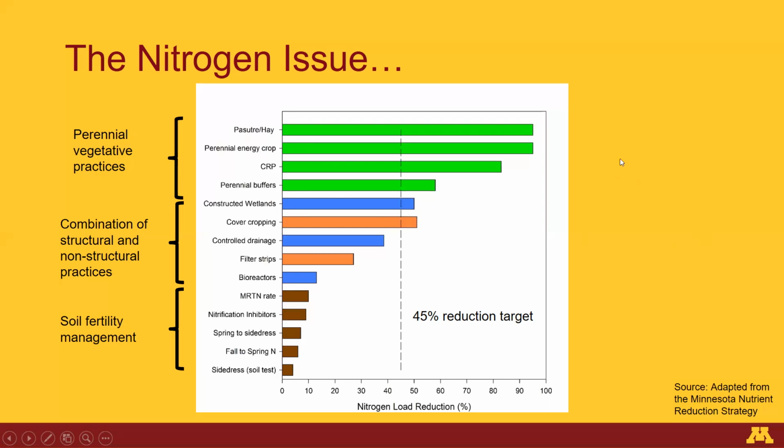Now, when we look at this information, what we can see is that of the 14 practices that were provided in the Minnesota Nutrient Reduction Strategy document, more than 50% of them do not meet the 45% reduction target. So those bars don't reach that goal. Cover cropping, constructed wetlands of the structural and non-structural practices do, based on the data that I extracted, as well as these perennial vegetation practices.